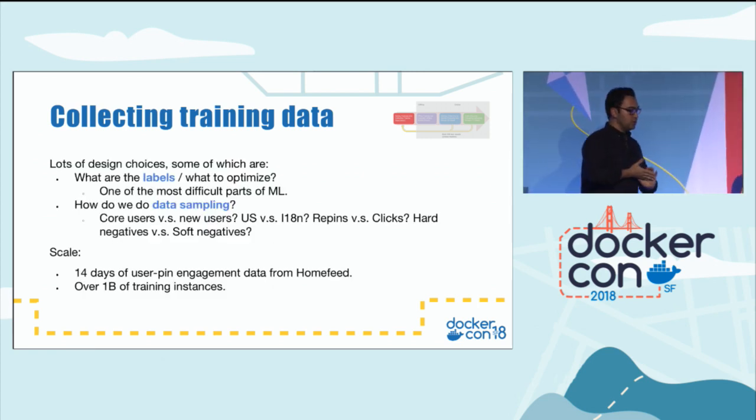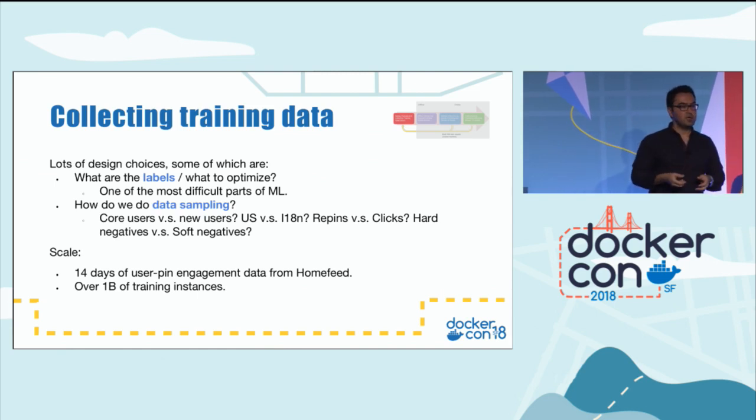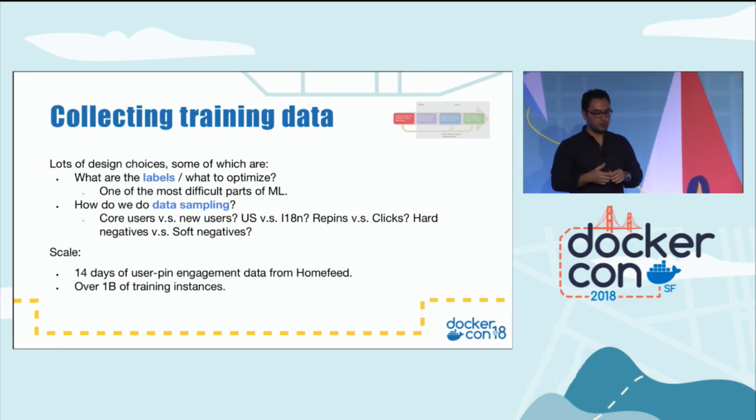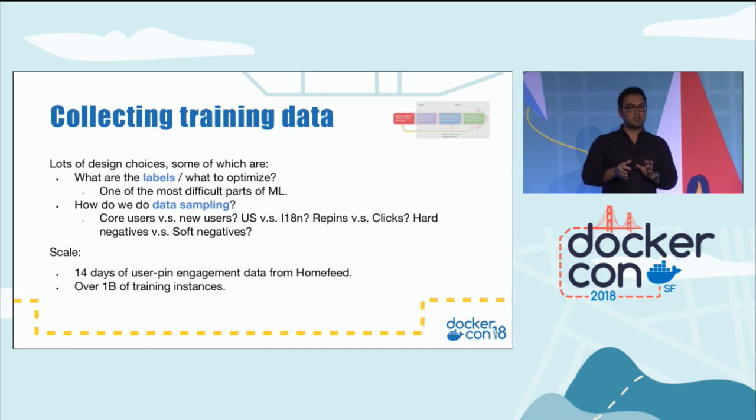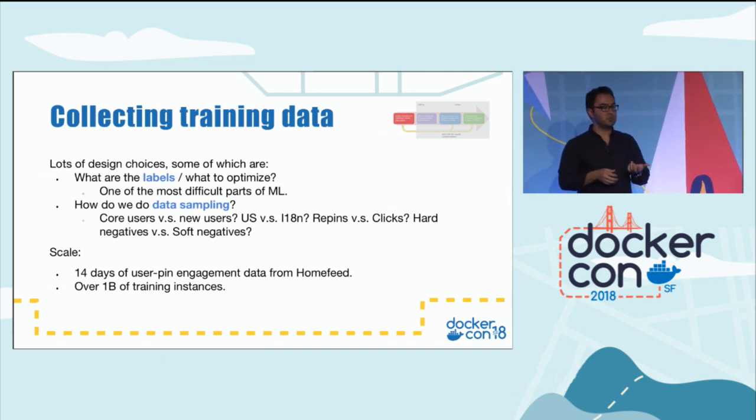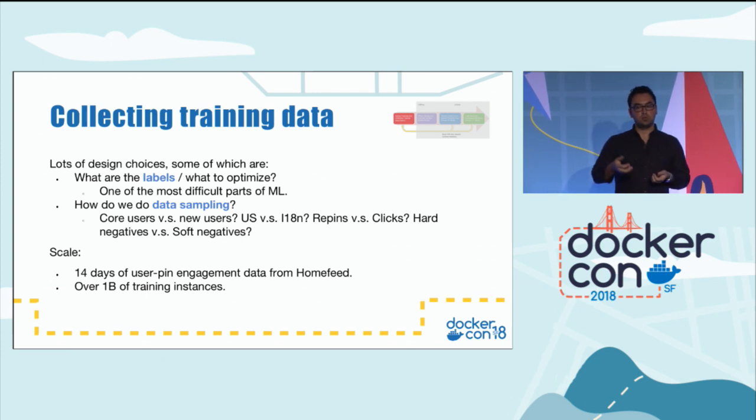One thing I wanted to talk about collecting training data is there are some certain decisions that are quite important. One of them is what should be your labels, because ultimately whatever labels you provide to your machine learning algorithm and whatever you want to optimize for will be what the algorithm learns and will be what it predicts in the online setting.